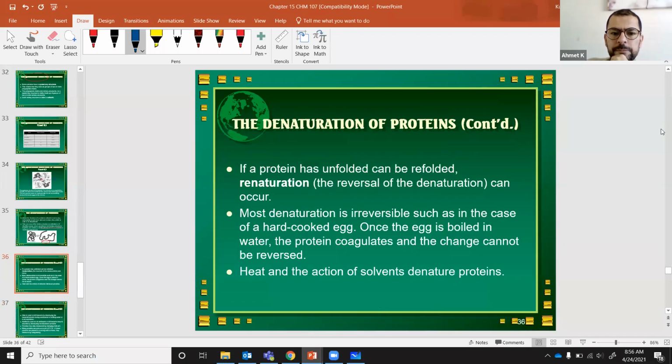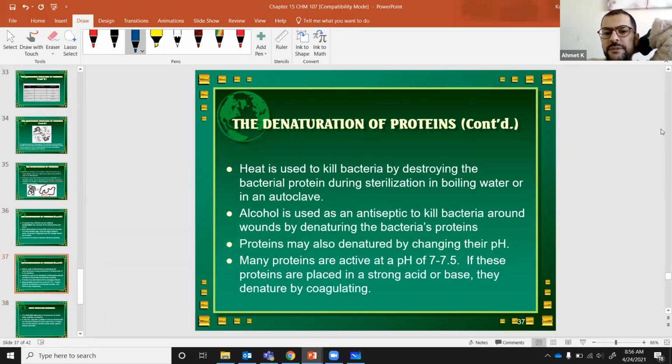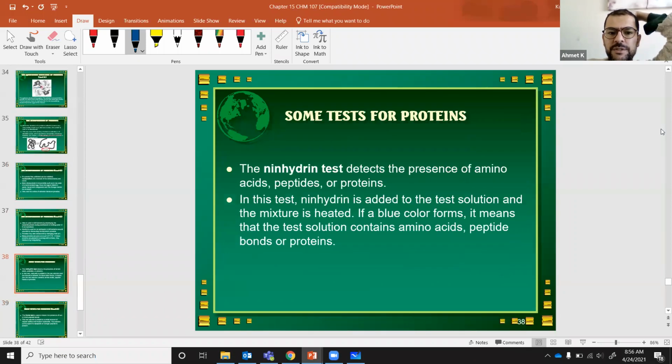So if a protein unfolded can be refolded, this can be reversible, but in some cases it cannot be. And again, heat and action of solvents denature proteins. And these are the things that we mentioned.